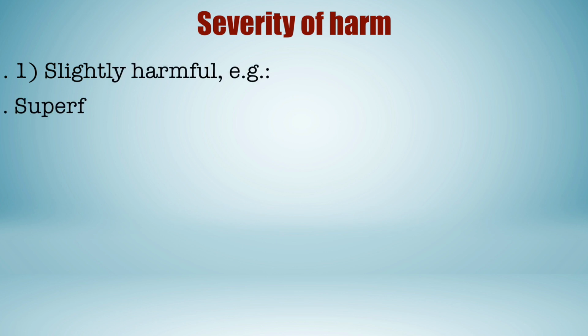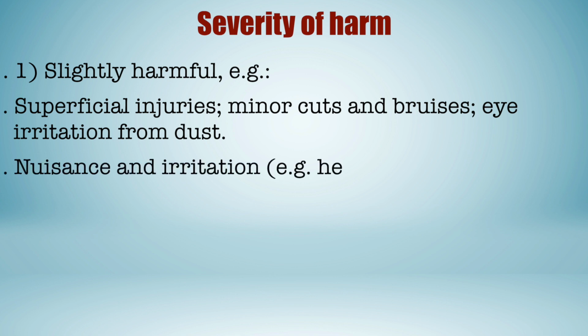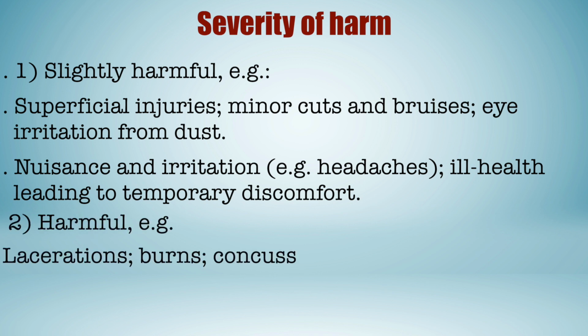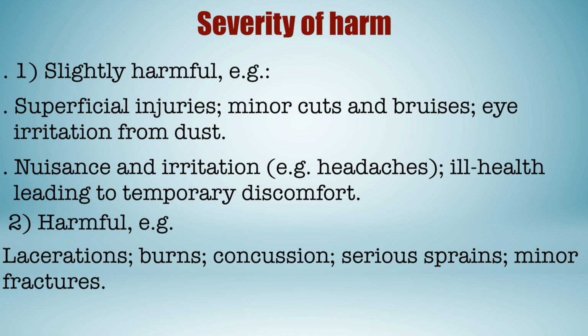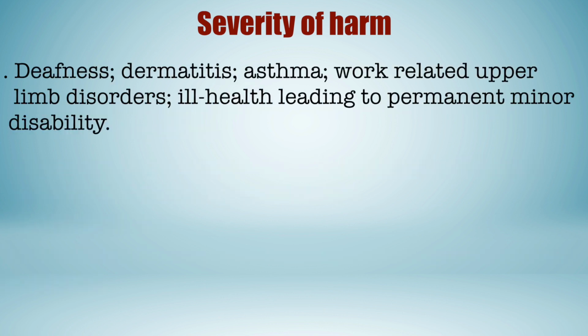Let us discuss slightly harmful. Examples: superficial injuries, minor cuts and bruises, eye irritation from dust, nuisance and irritation, ill health leading to temporary discomfort. Harmful. Examples: burns, fractures, minor fractures, deafness, work-related upper limb disorders, ill health leading to permanent minor disability.